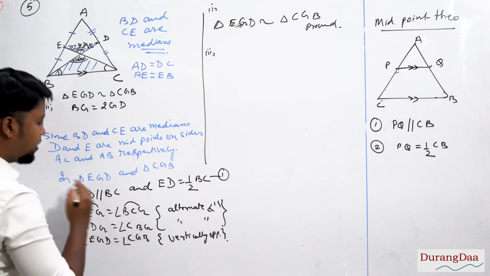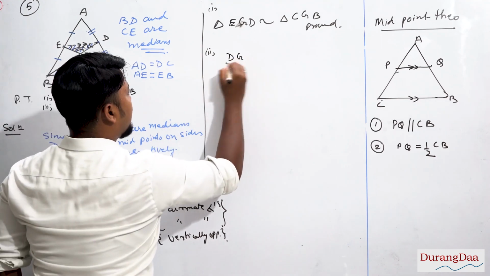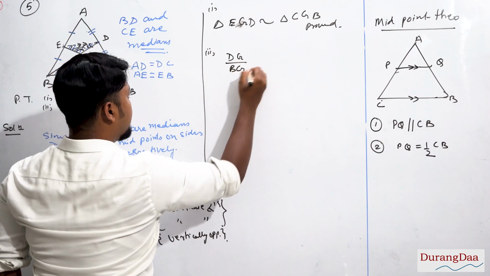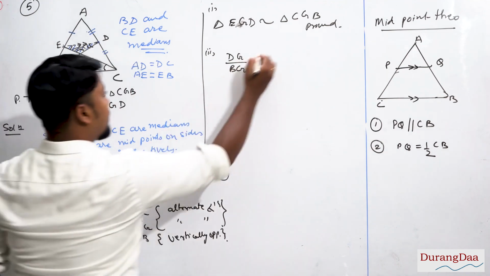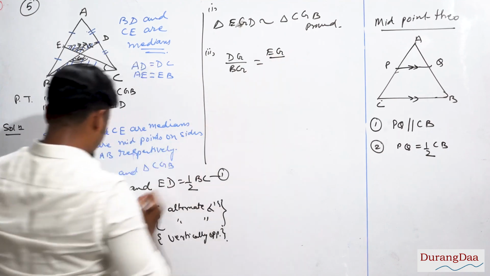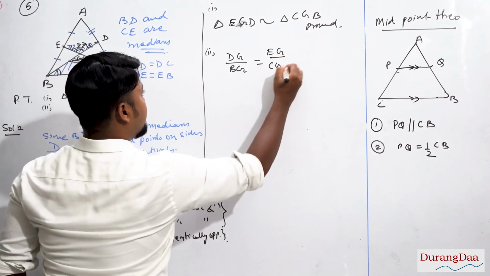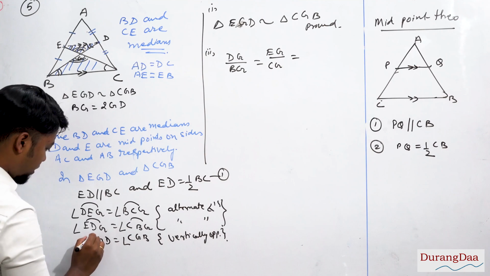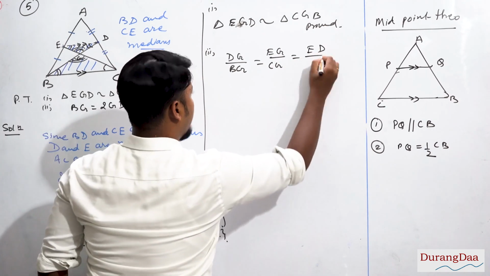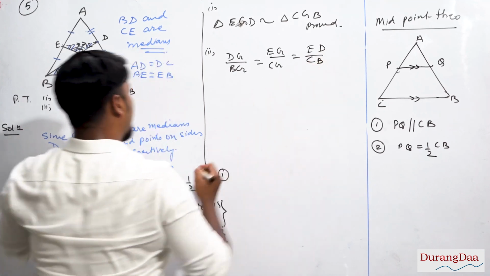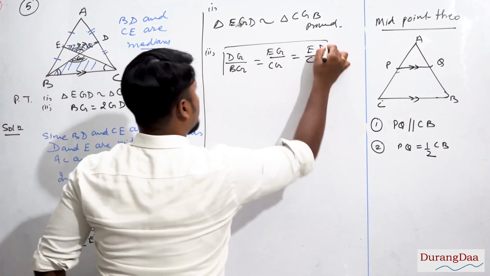DG by BG equals EG by CG equals, last one, ED by CB. All right, we got the ratios.